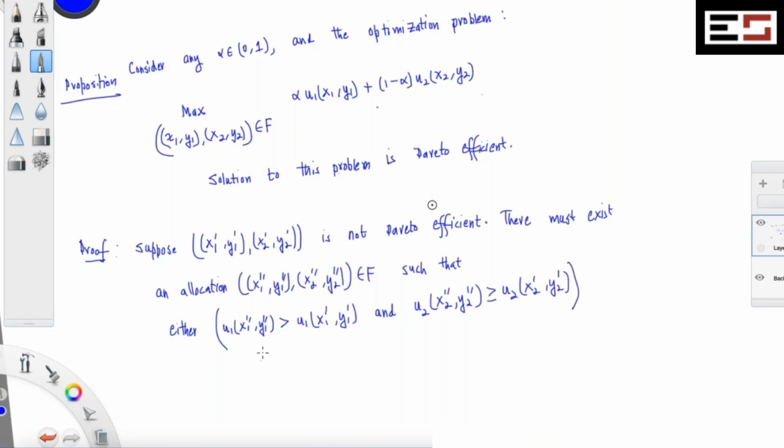So basically, either you can make one better off without making two worse off by moving from prime to double prime allocation, or you can make two better off without making one worse off. So how do you write that? This is how you can write it.